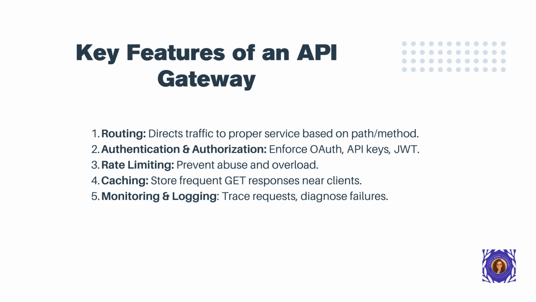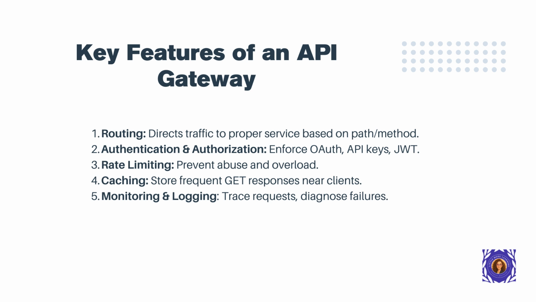Let's explore the essential features that make API gateways so powerful. Routing is fundamental, directing traffic to the proper service based on path or method. Authentication and authorization ensure that only valid requests proceed, using mechanisms like OAuth, API keys, or JWT tokens.